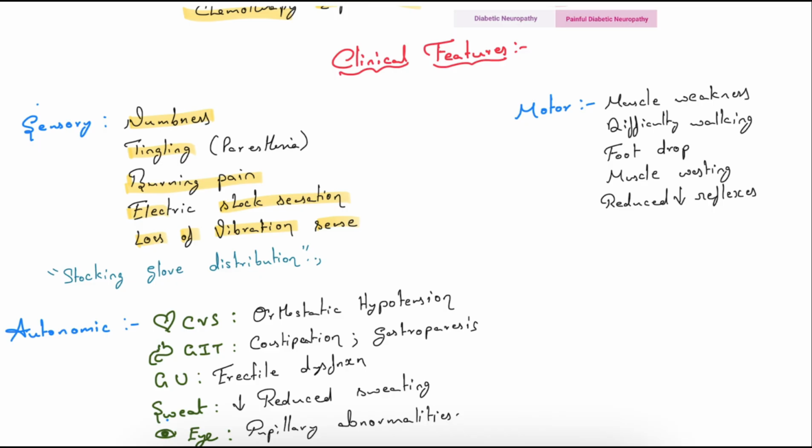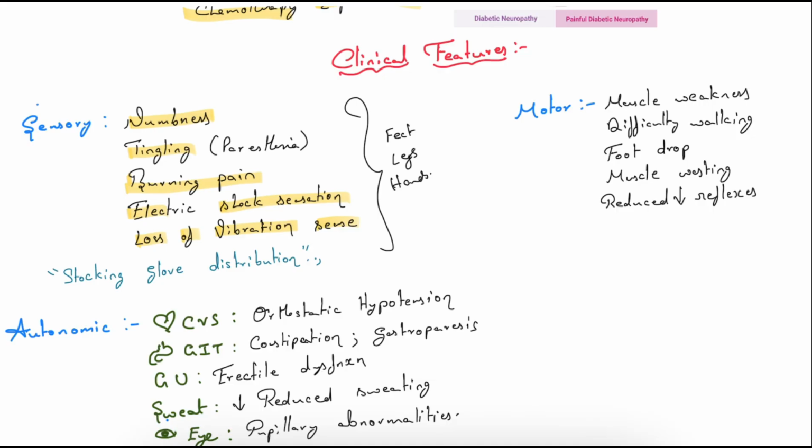Here the patient is mostly involved in three places: feet, legs, and hands. So the patient will get stocking glove distribution. I already discussed this while discussing classification.